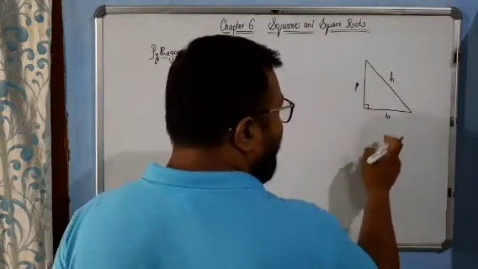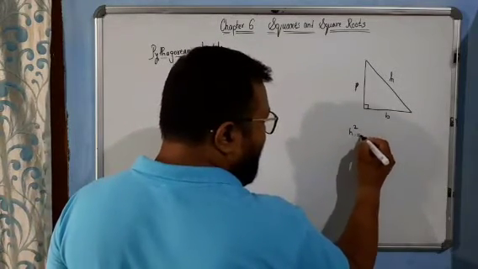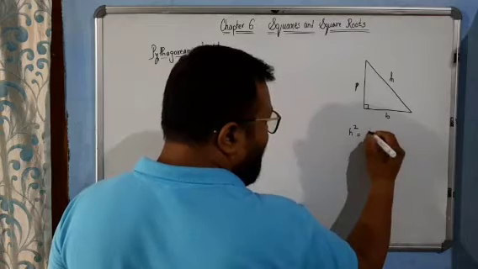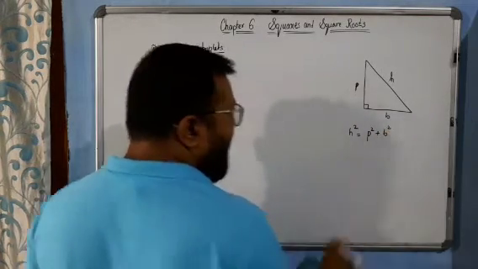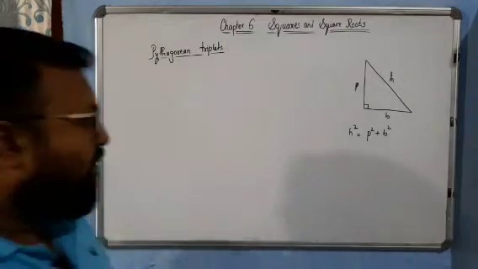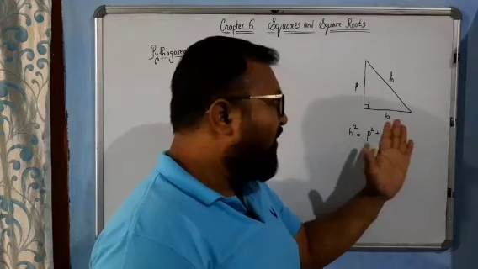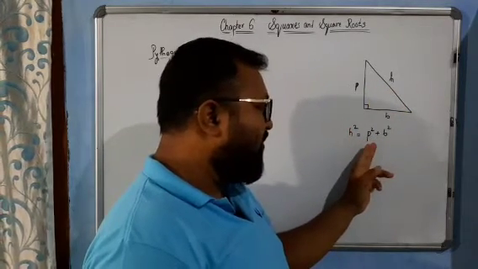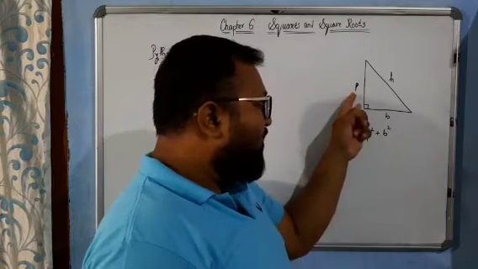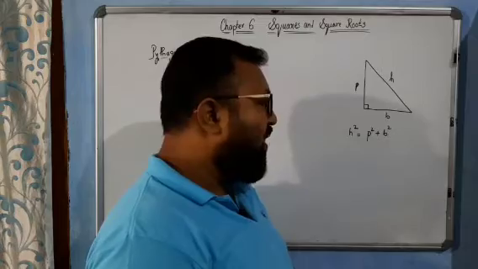This is a right angle triangle. According to the Pythagoras theorem, the square of the hypotenuse will always be equal to the sum of the square of the perpendicular and the square of the base.